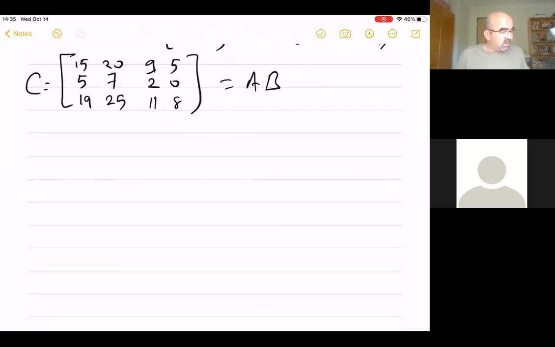Well, in general, you can also generalize this partition, but I will not write the formal definition of partition matrices. It's exactly the same.